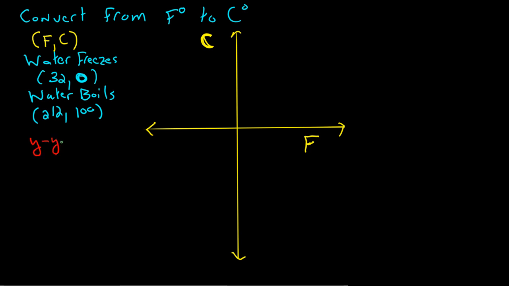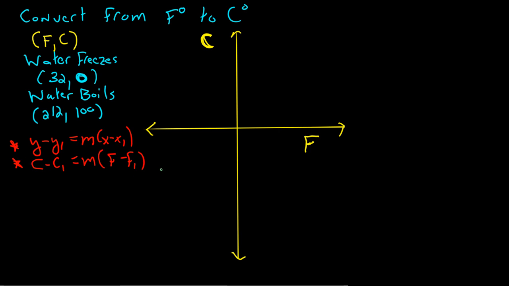Y minus y1 equals m times x minus x1, except this is going to be C minus C1 equals m times F minus F1. We're using different names for our variables, but we're using the idea that they're linear to help us find an equation. So when we need to use the point-slope form, we have a point, and we have the slope.